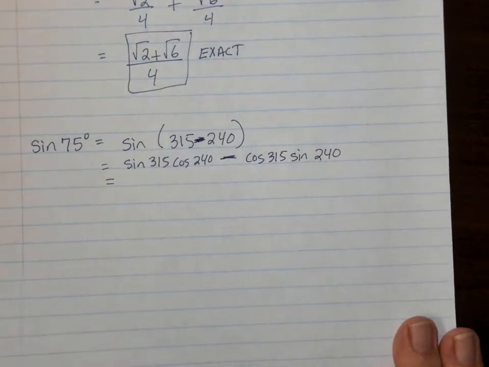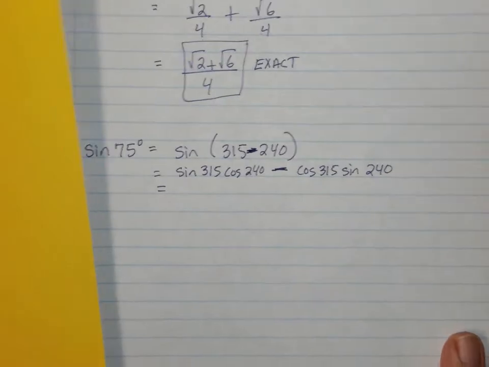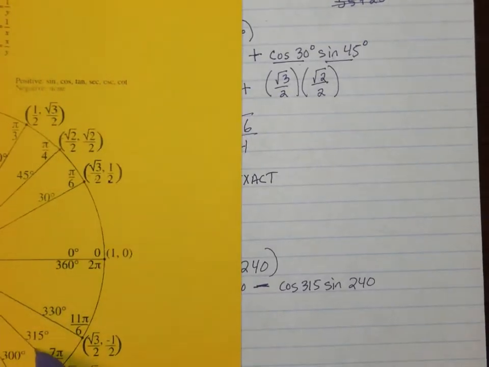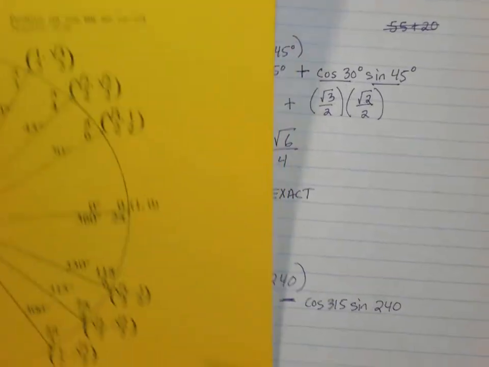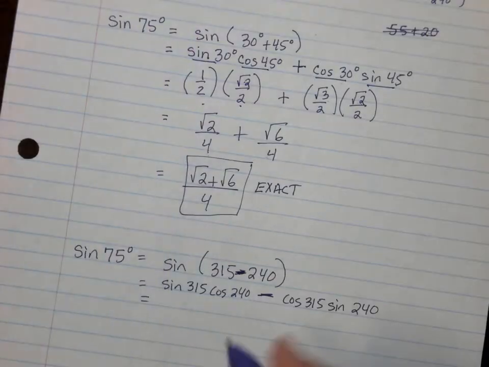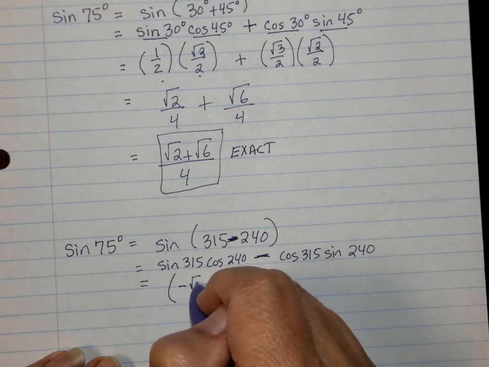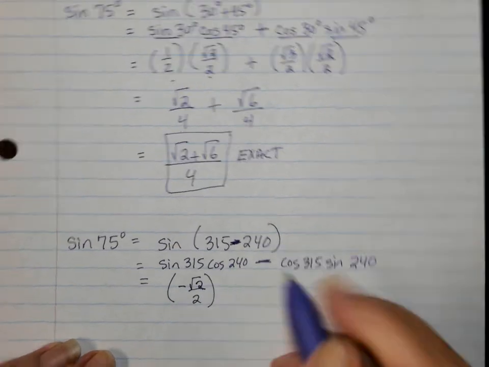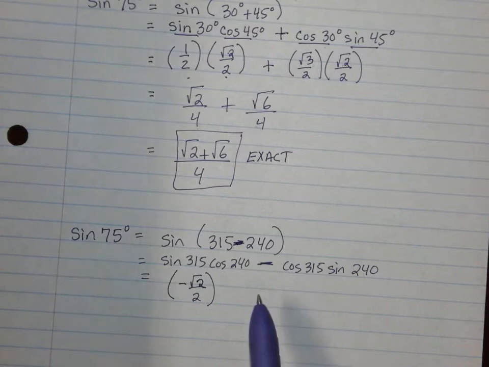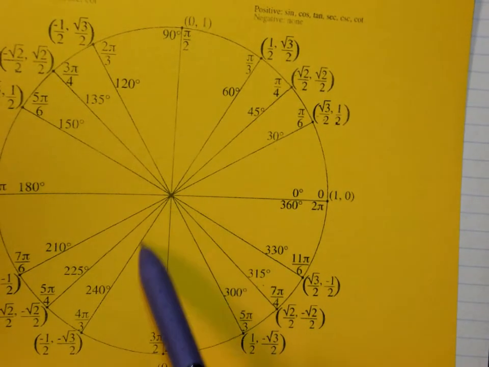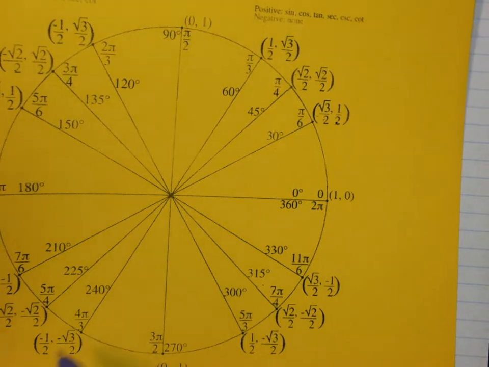Alright, unit circle time. Sine of 315. 315 is down here in my fourth quadrant. My fourth quadrant, remember, my sine is negative. Negative square root of 2 over 2. Alright, cosine of 240. 240 is over here in the third quadrant.